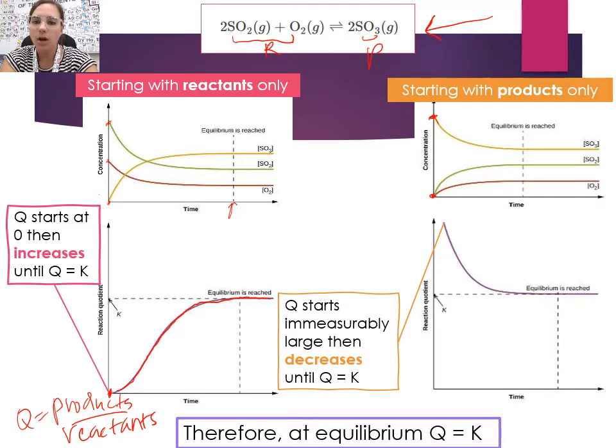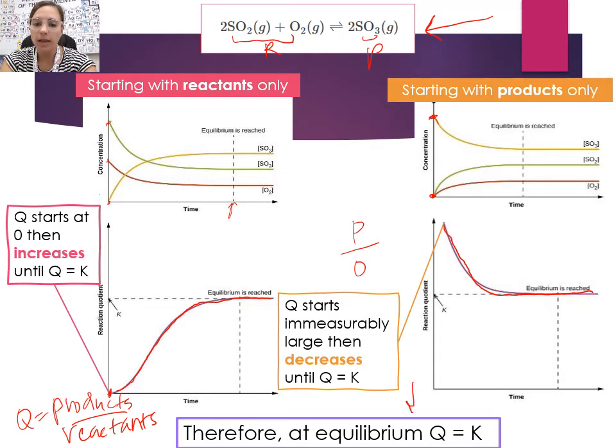If I start with products only, I have some amount of product over 0, which essentially is like infinity. It's undefinable. It's going to be some really huge undefinable number, okay? But what I do know then is as the reaction proceeds, Q is going to decrease until it reaches the value of K.